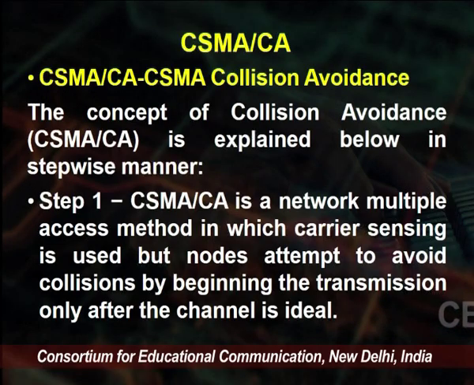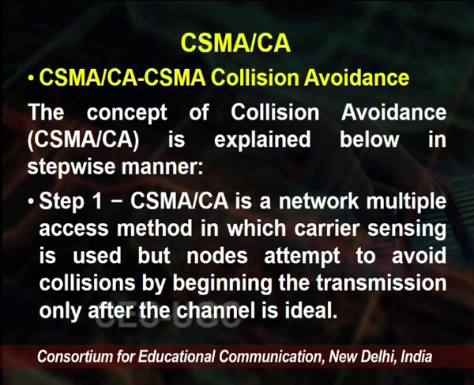Now, this was collision detection, where the stations have detected a collision and then taken a step back. Moving on to collision avoidance, which is described in CSMA CA, carrier sense multiple access with collision avoidance. So, the concept of collision avoidance goes like this.